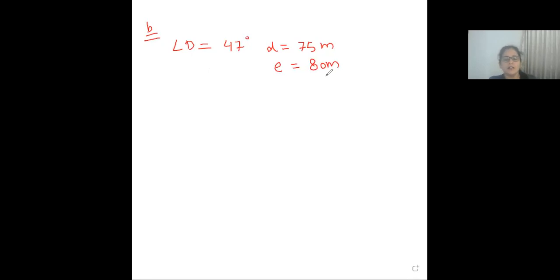Let's see whether from this information we can draw two triangles or not. Let's draw the triangle here. Angle D is an acute angle.